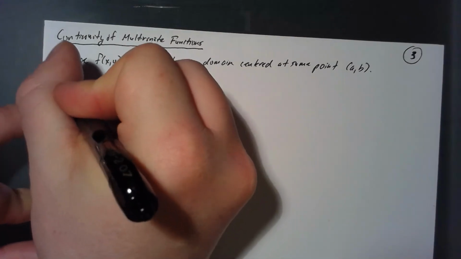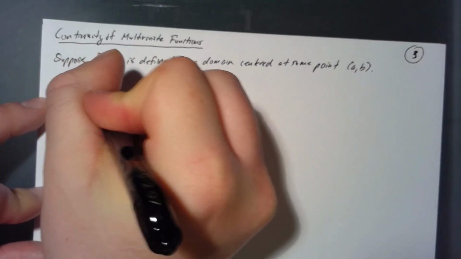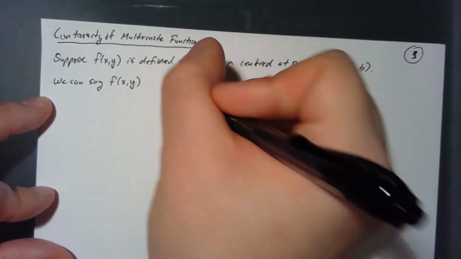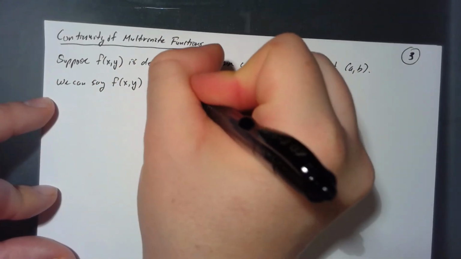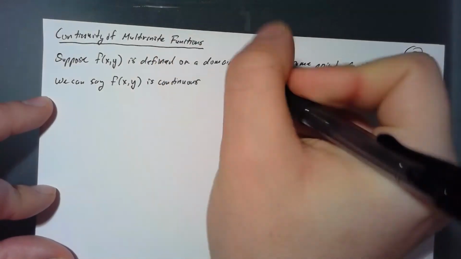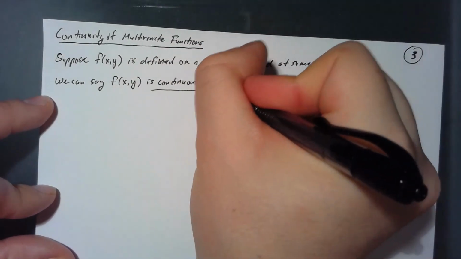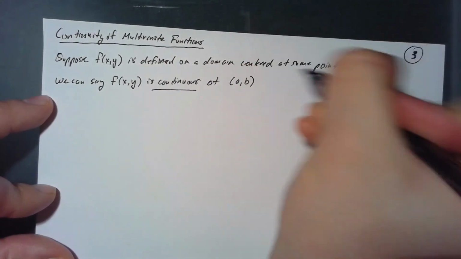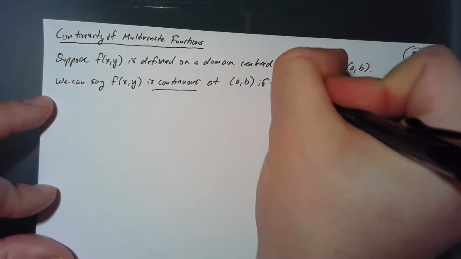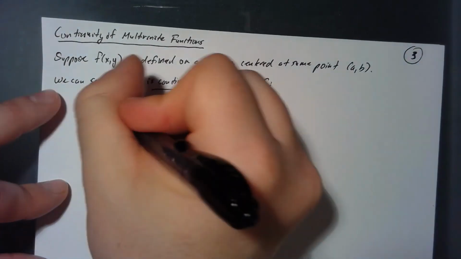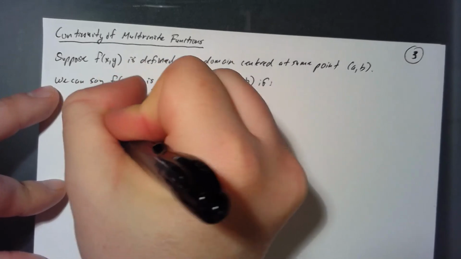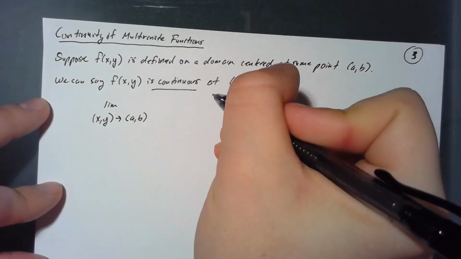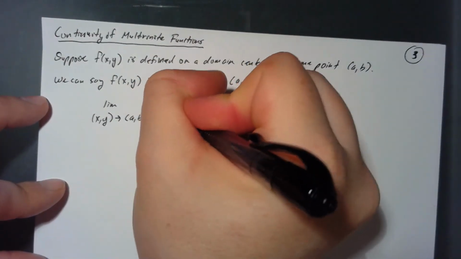we could say f of x comma y is continuous at a comma b if the limit as x comma y approaches a, b of my function equals the function at that point.